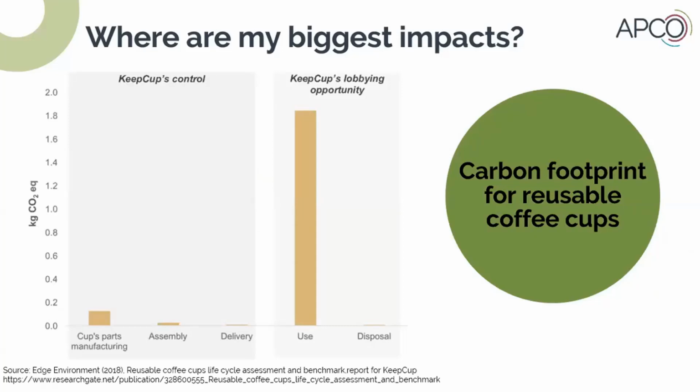And that's something we sometimes forget when we look at the benefits of reuse. And that's not to say that's a disaster. What that says is companies like KeepCup and cafes and so on have to educate customers about energy and water efficiency, for example, and how you manage those sorts of impacts.